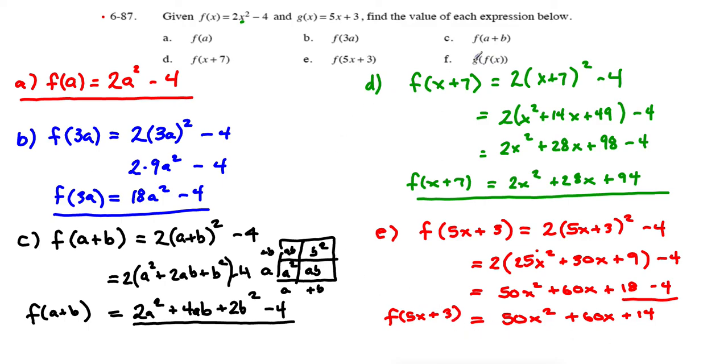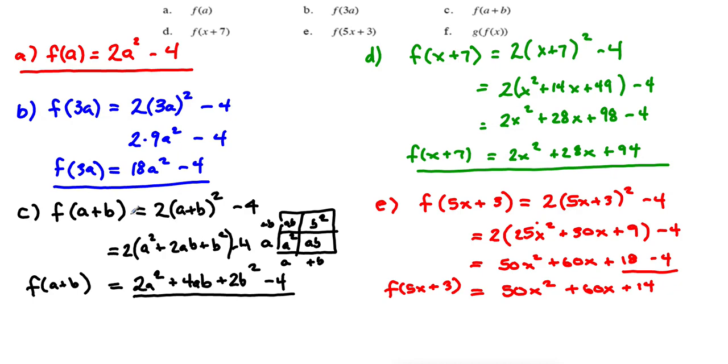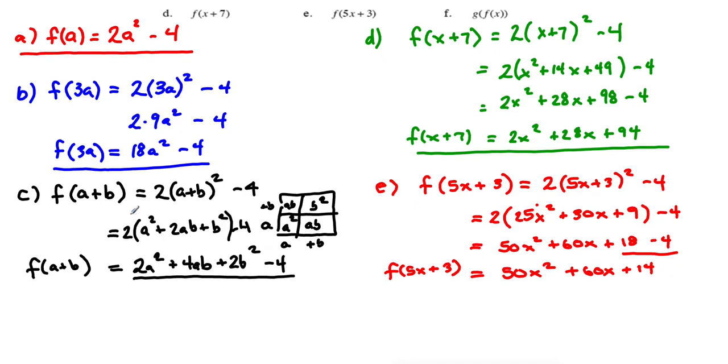I feel like I've been going forever here. Only one more. We have g of f of x. I'm going to scroll down a little bit. Let's do it right here.